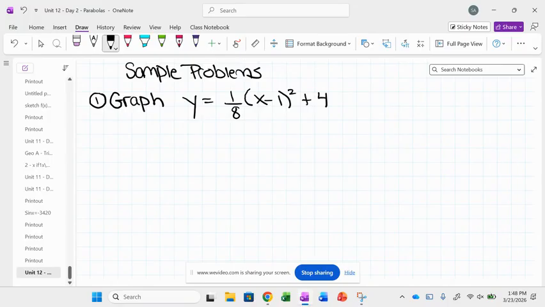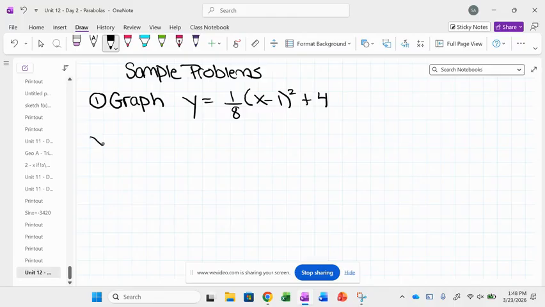So in addition to everything we just went through, the focus and the directrix and the latus rectum and all of that stuff, guess what else I also want on this? X and Y intercepts. Yes, and the graph. X and Y intercepts in addition to everything we just went through.